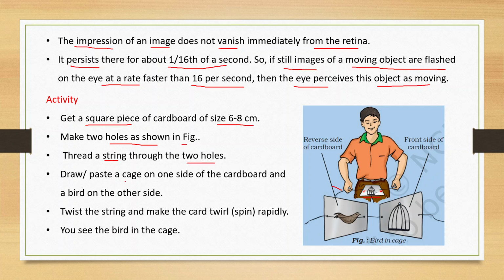Now draw and paste a cage on one side of the cardboard and a bird on the other side. उसी कार्डबोर्ड पर एक तरफ बर्ड या तो डायग्राम बनाइए या उसका कोई डायग्राम आपके पास ऑलरेडी है तो उसको पेस्ट कर दीजिए. दूसरी तरफ आपको केज बनाना है. Now twist the string, and make the card twirl and spin. कार्ड को स्पिन करवाइए रेपिडली. You see the bird in the cage. आपको ऐसा लगेगा कि बर्ड केज के अंदर है, like this. Okay.